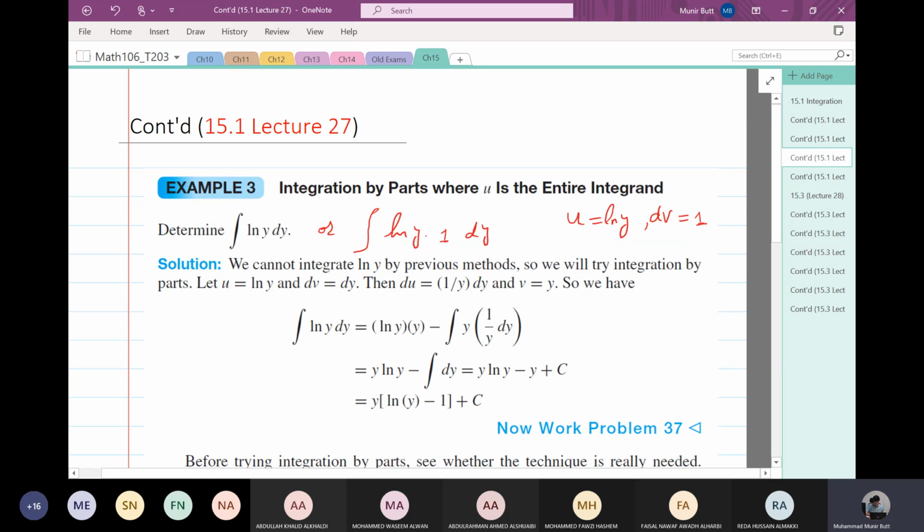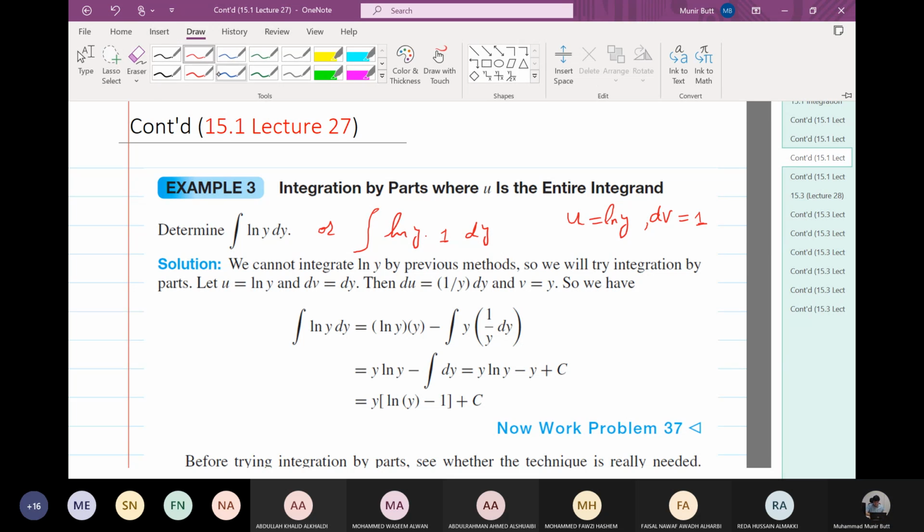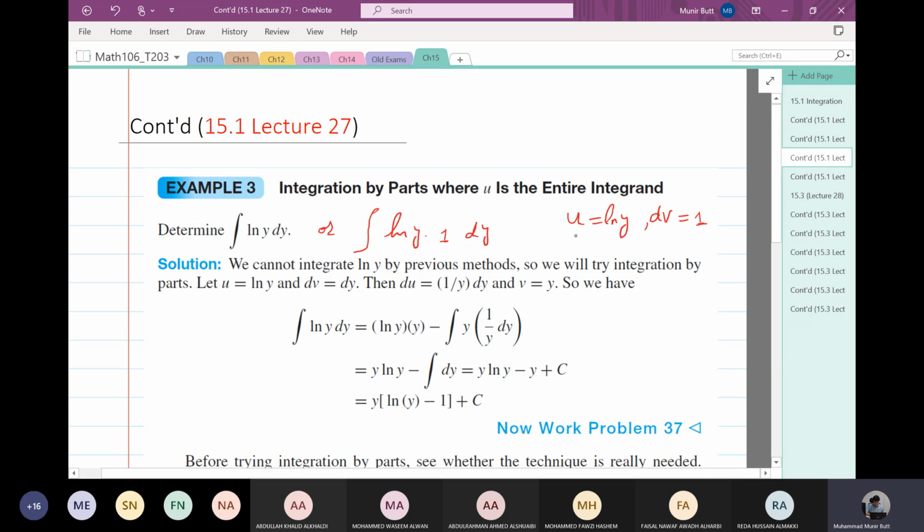So now it is very easy. So this will imply, you need du, it will be 1 over y dy, and you will need v, it will be the integration of this 1 with respect to y.